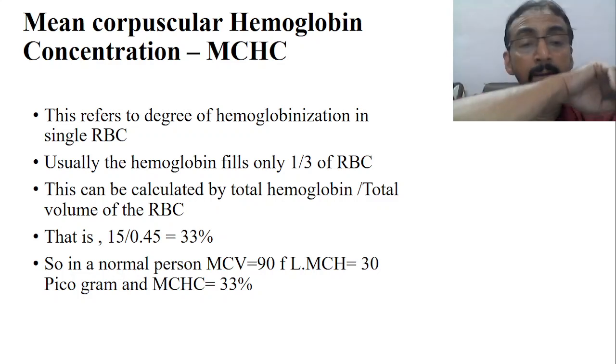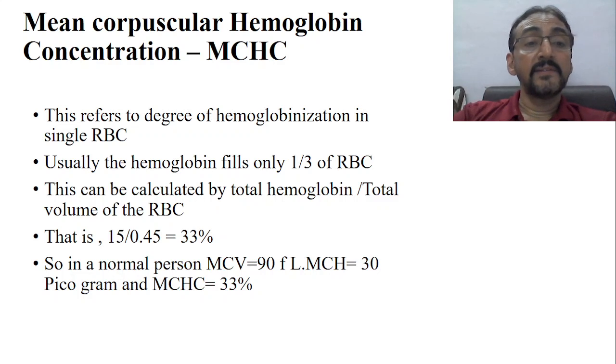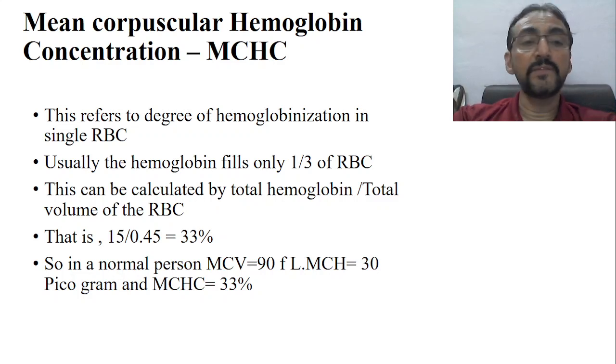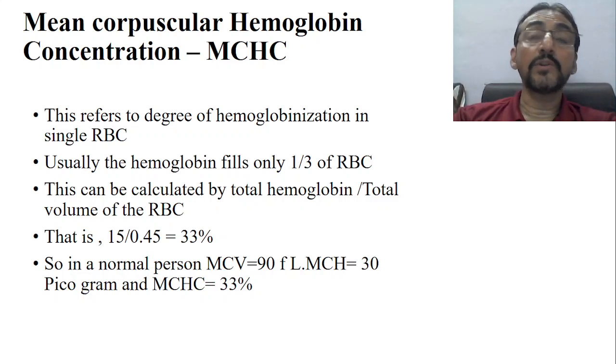Now we know that this can be calculated by the total hemoglobin divided by the total volume of the RBC. What is the total hemoglobin? Total hemoglobin is 15. What is the total volume of the RBC?